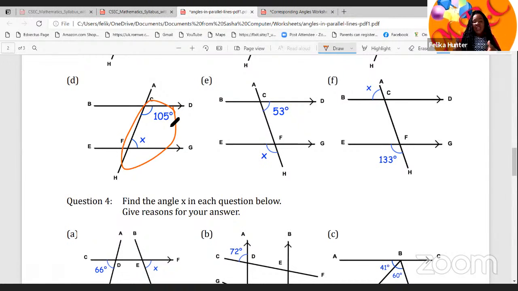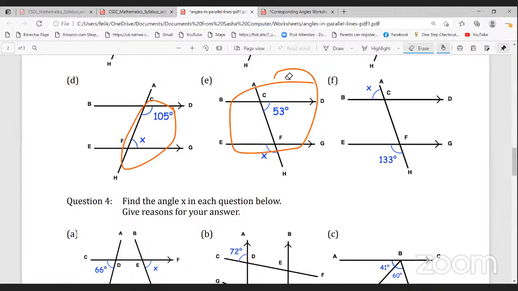So on the left-hand side, you're going to find two angles that are co-interior, and on the right-hand side, you're going to find two angles that are co-interior. So co-interior means that they sit in between the two parallel lines on the same side. So let's look at these two. 53 and X, are these co-interior? Yes, miss.